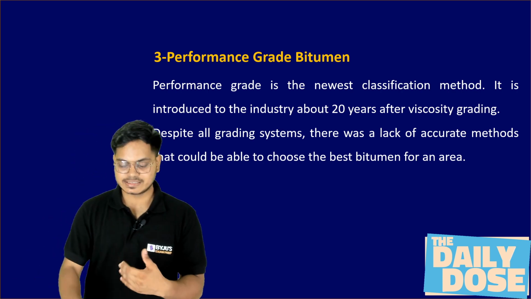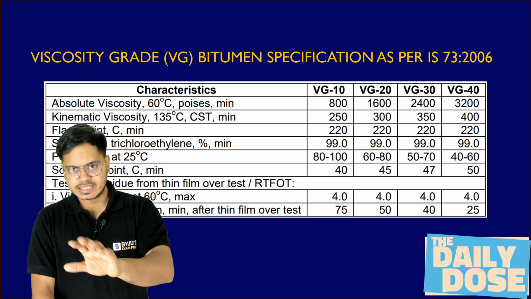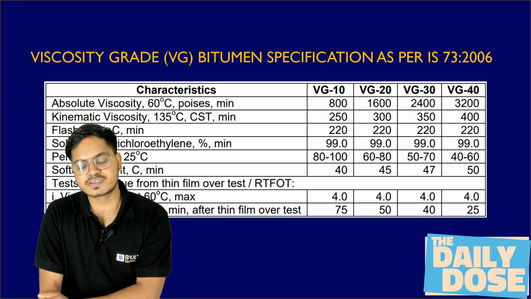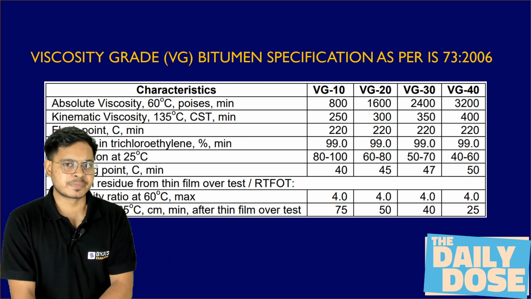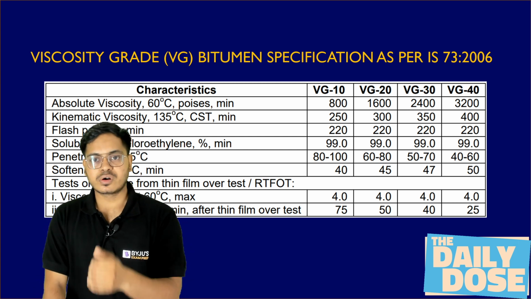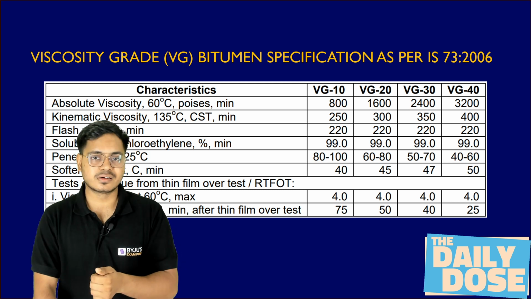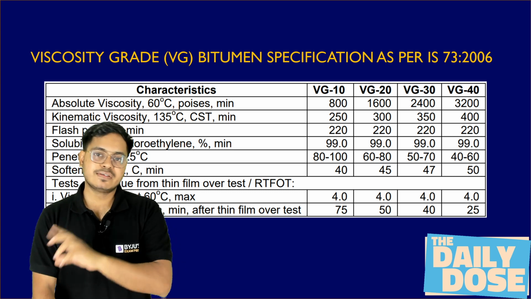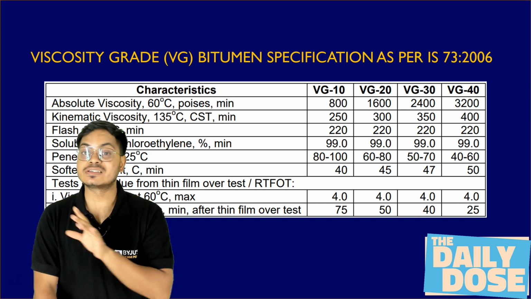So why are these things required? For example, these values, why are they required? I'll give you a very practical example which I always give in my classroom as well. Suppose we are working for some company and we require VG30, okay? So we will call Hindustan Petroleum or any other vendor कि भाई please send VG30 to our site. They will send VG30. Before we unload the truck, we have to be sure that it is VG30 or not.